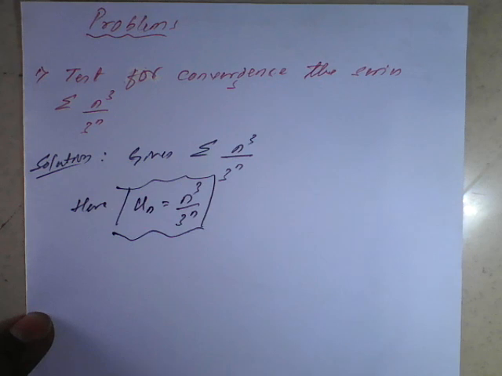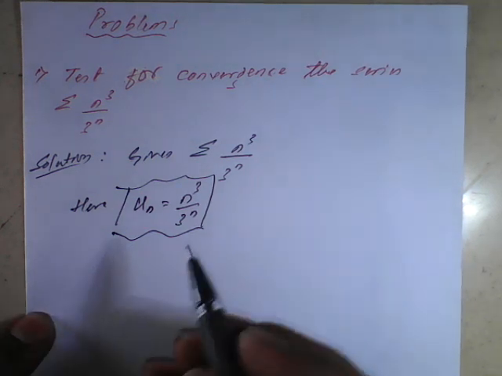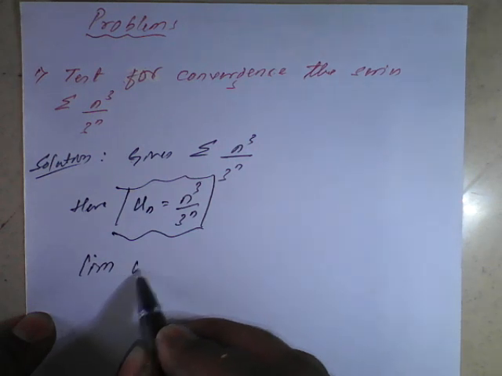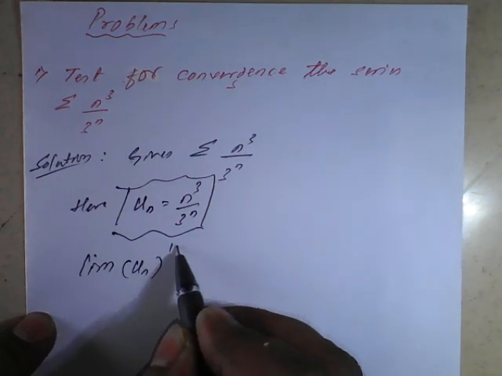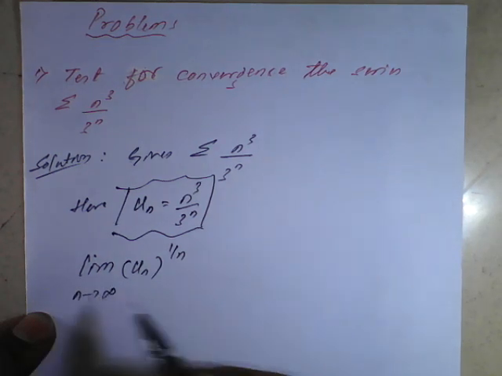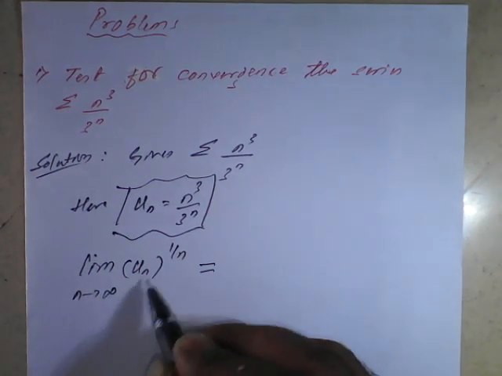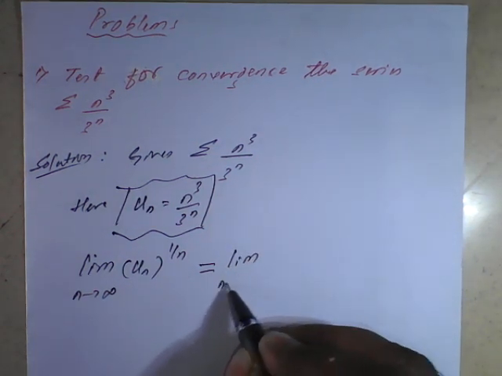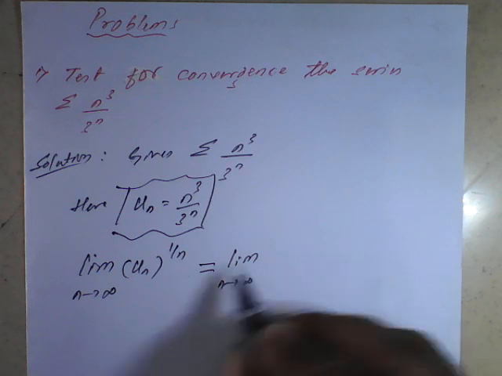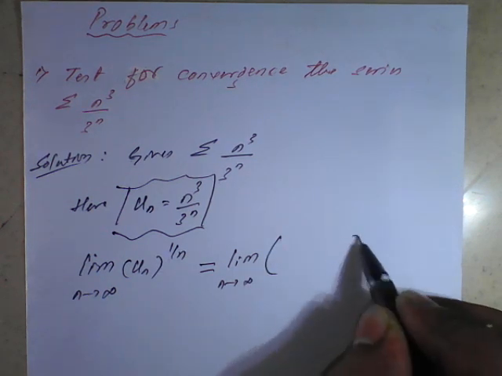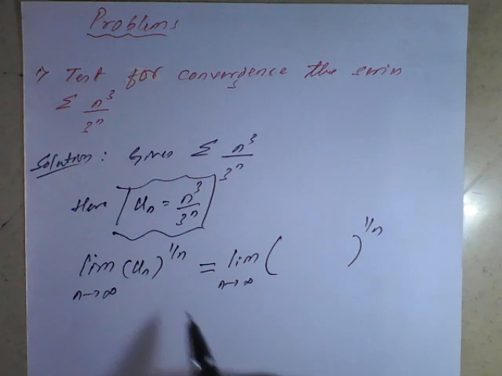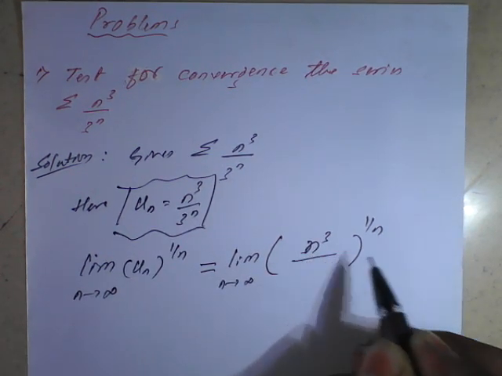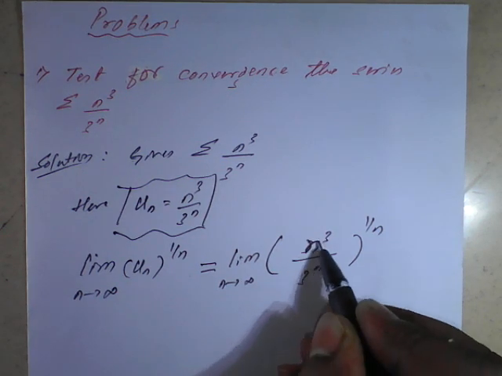What Cauchy's root test says here is limit of un raised to 1 upon n as n tends to infinity. We replace un with n cube divided by 3 raised to n, and keep the power 1 upon n as it is.